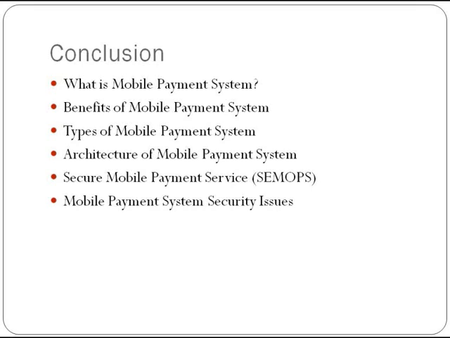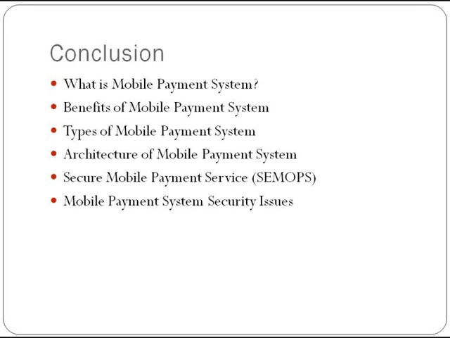In conclusion, we talked about what the mobile payment system is and what the benefits of a mobile payment system are. There are a lot of benefits, but we just gave you a few examples. And I told you about two types of mobile payment system, which are PayPal and PayWave.